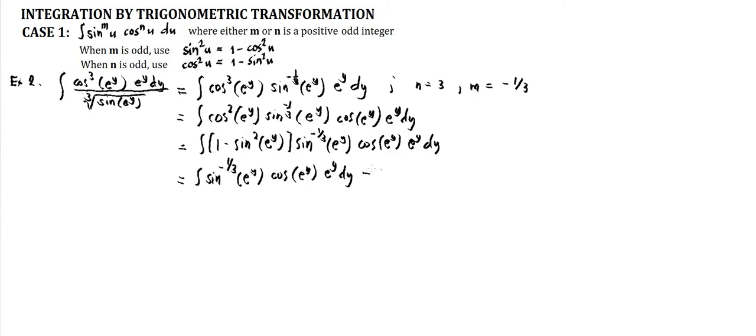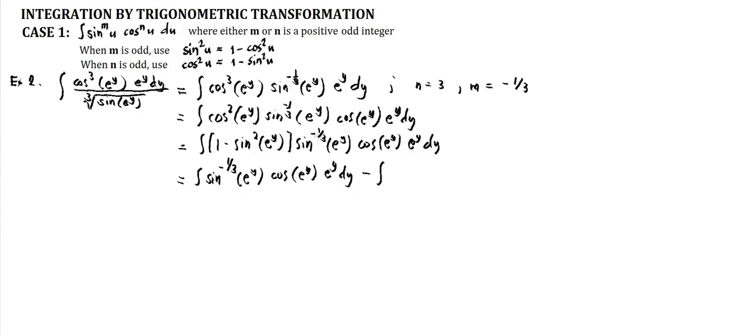And then minus, tapos meron tayong integral sign. So, dito, multiply natin yung sine raised to negative 1/3 of e to the y, cosine of e to the y dy, dito sa sine squared of e to the y. So, i-add natin yung kanilang exponents. Yung sine squared, saka yung sine to the negative 1/3. So, ang 2 gagawin natin 6/3, no?